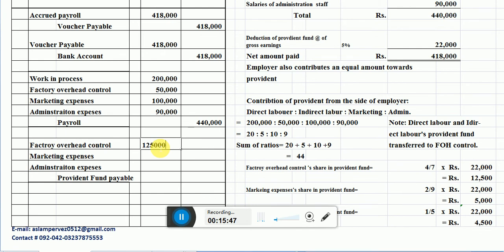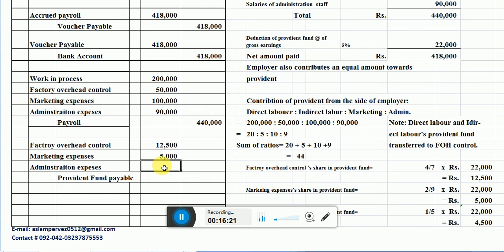Now the marketing expenses share in the provident fund is 5,000 rupees here, which is 10 out of 44 multiplied by 22,000 rupees. The amount is 5,000 rupees here. Now we will charge against the marketing expenses 5,000 rupees here.